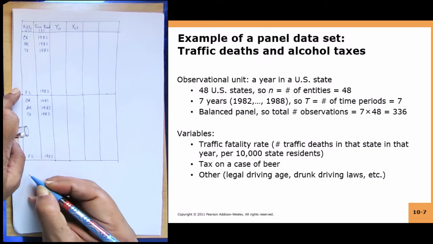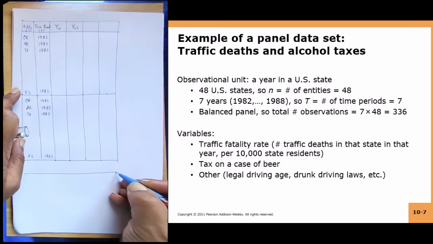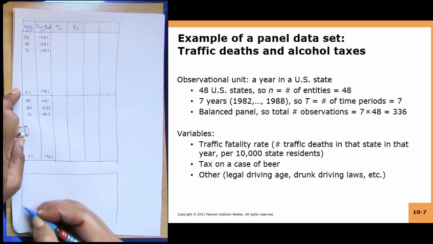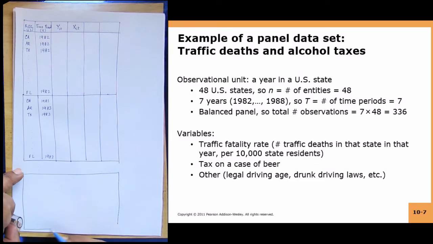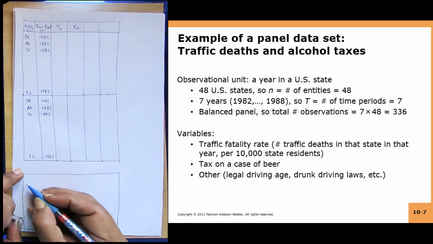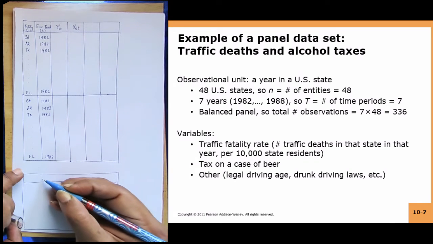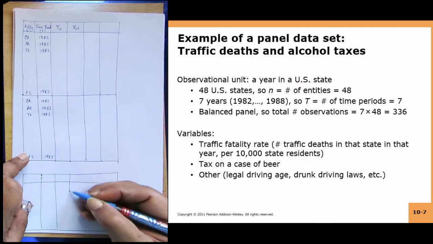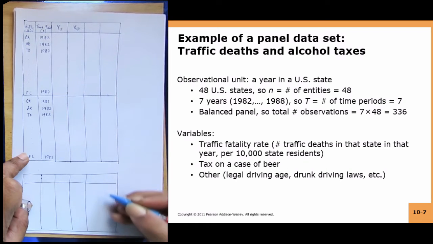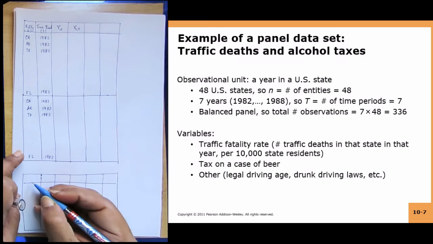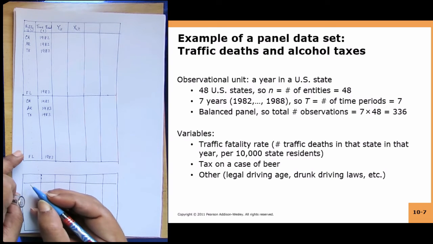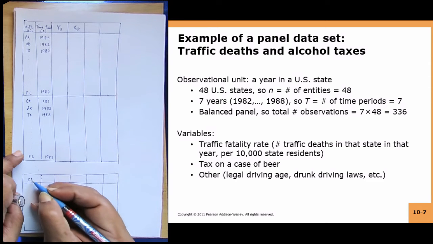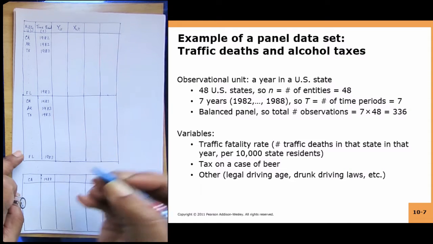Like this you have data till 1988. When you have just one year's data, you call that cross-sectional data. When you have many years' data, you call that time series data. Again you have California 1988 and so on.